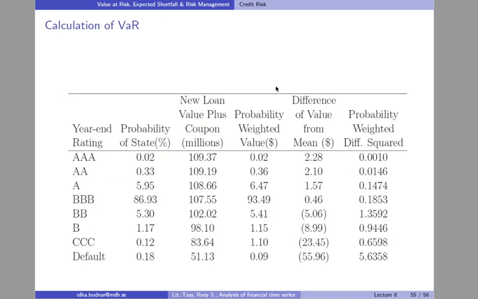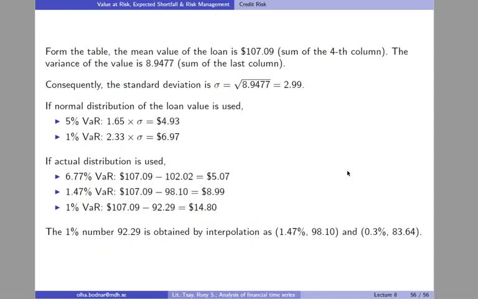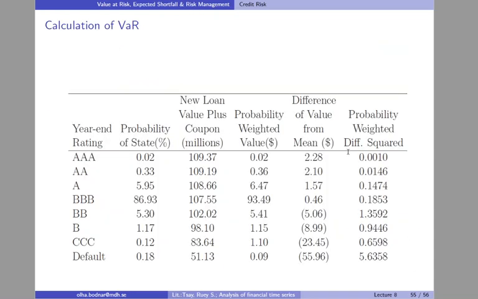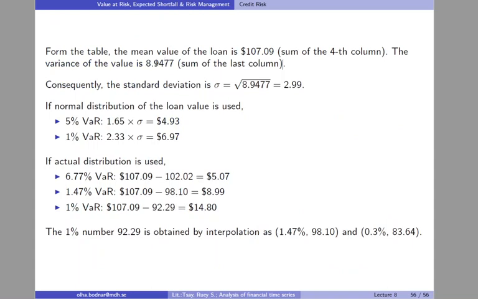This is the sum of the fourth column. So the difference of the value here is 8.9477. Consequently, the standard deviation is the square root of this. This is the variance actually. So the standard deviation is $3 million.